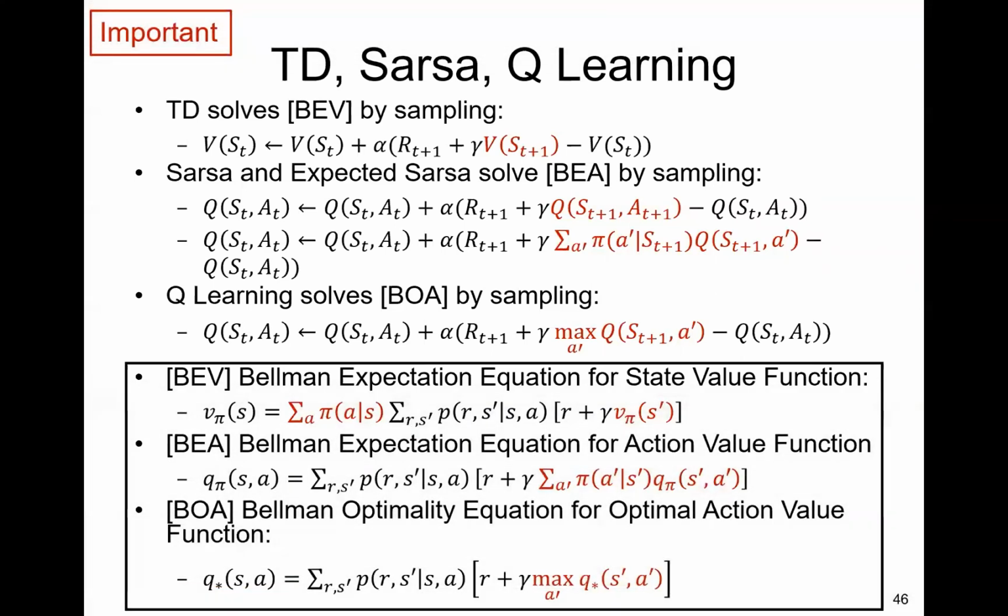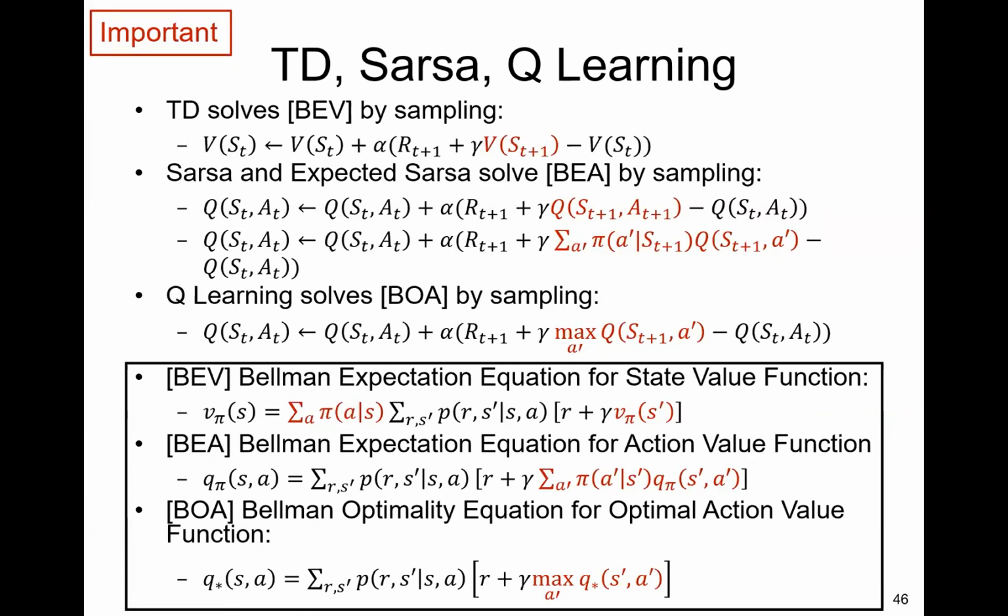Before I said capital letters are random variables and small letters are concrete values, but here the small letters denote random variables and the capital letters denote the concrete samples. So that's TD for solving the Bellman expectation equation.